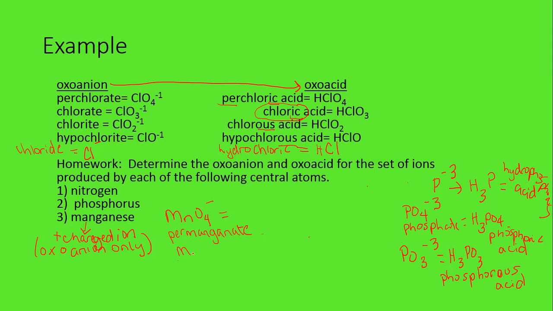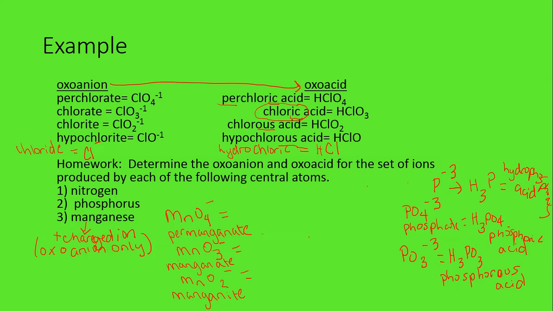We also have manganate, which is MnO3 negative. And we could say, for the sake of understanding, we could call this manganite. We really don't see manganite, but for the sake of understanding, if it was manganite, that's what it would look like.